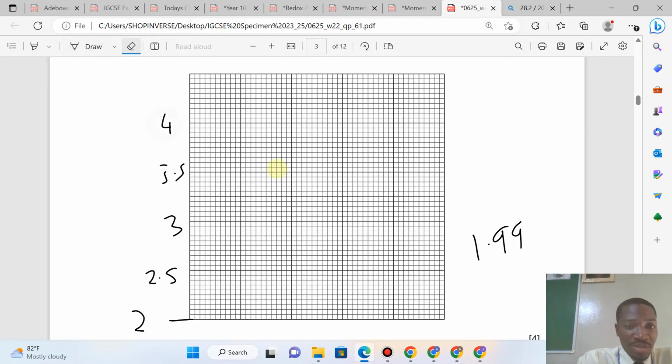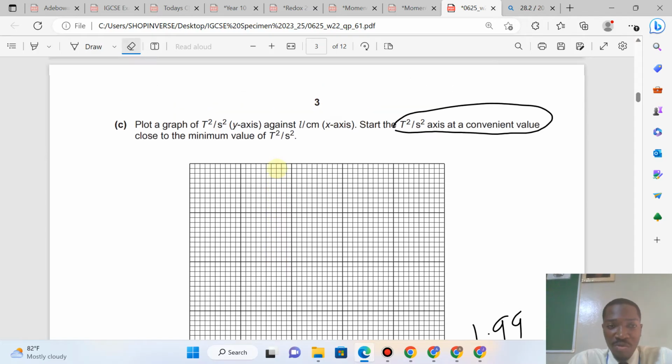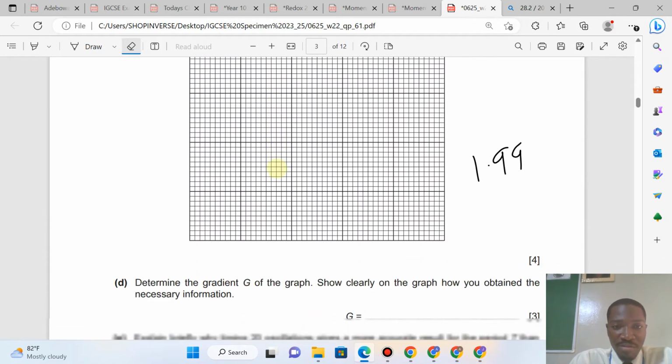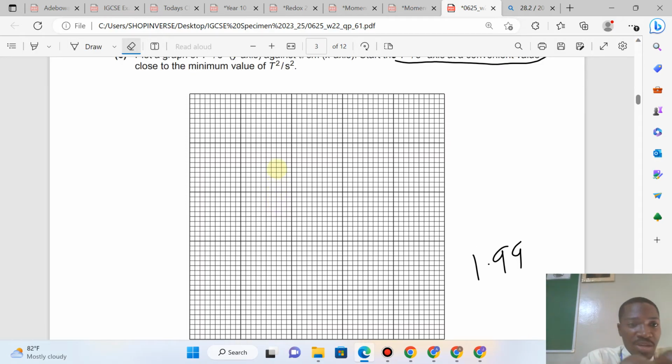So instead of starting from 2, let's start from 1.5. Since t squared is on the vertical axis, we start picking our values from 1.5. So our values on the vertical axis will range from 1.99 to 3.65.